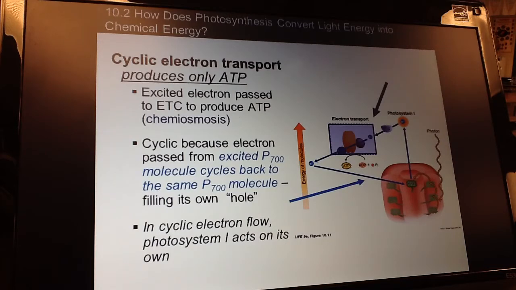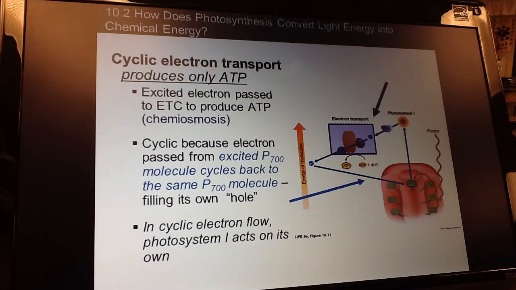It's going to just continuously cycle as a way of building up the hydrogen ion concentration, which is potential energy that we harness to make the ATP. So chemiosmosis is still happening in cyclic electron transport. The electron is going from our P700 molecule back to our P700 molecule, just going round and round.